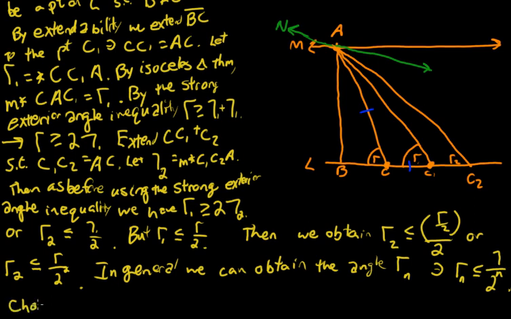And we'll say choose n such that gamma divided by 2 to the n is less than delta. And we'll label delta here as, let's see, where do we want delta? We'll say right here is 90 degrees, and we'll put delta right in here.